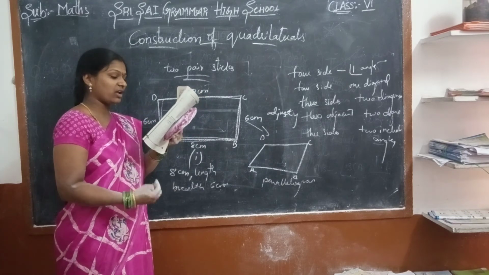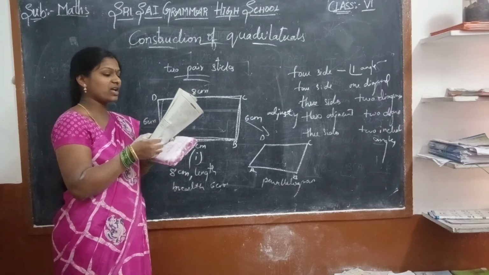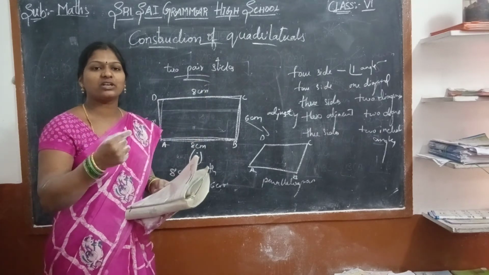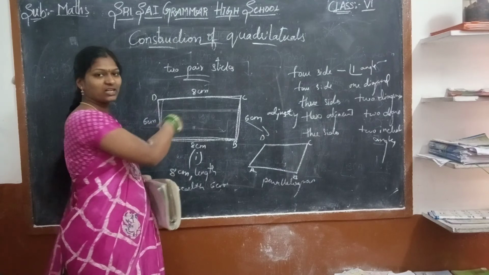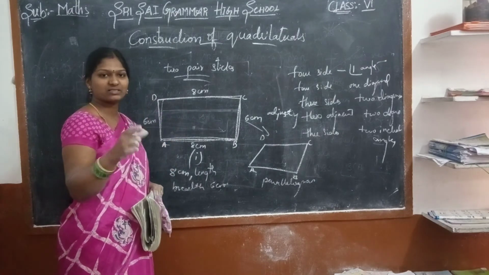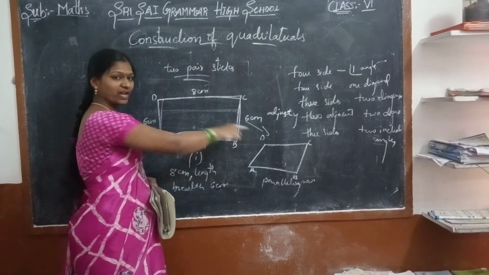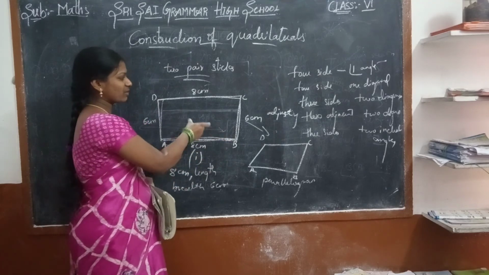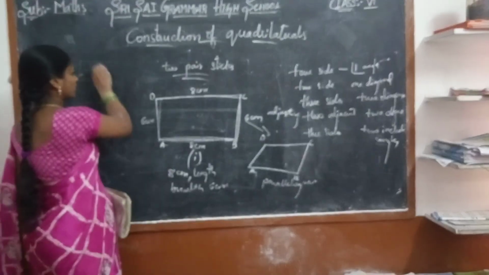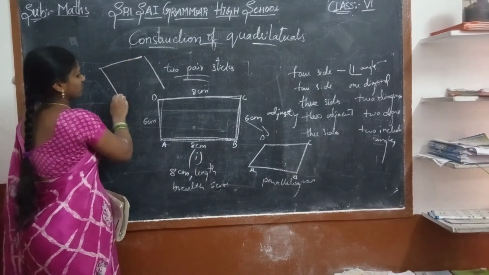When you push the length and breadth, it does not keep the shape of the given rectangle. It completely changes from rectangle to parallelogram.